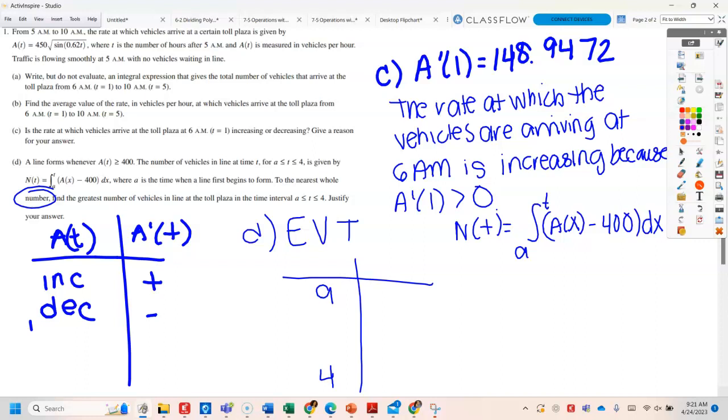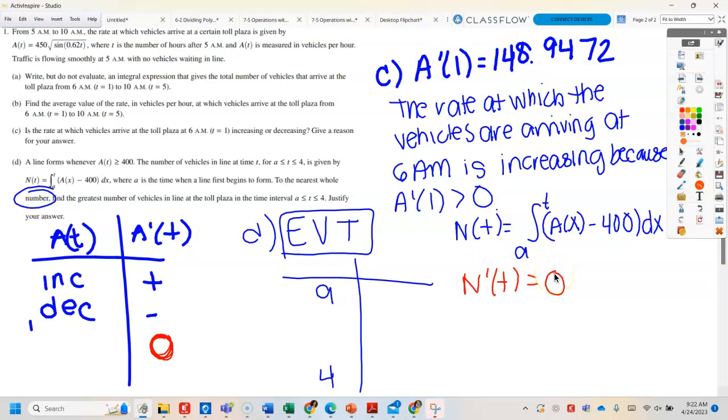So I told you this is EBT. Where do the extreme values occur that are not our endpoints? They occur when A prime of t is 0. Or in this case, since our function is n, it would be when n prime of t equals 0.